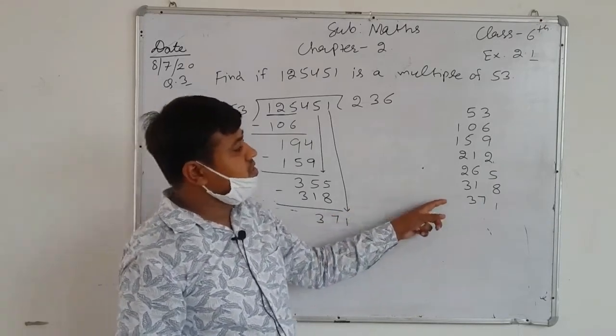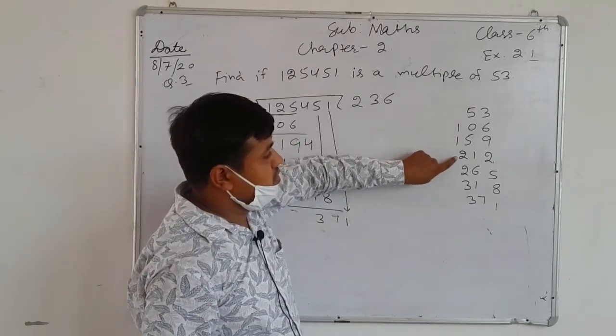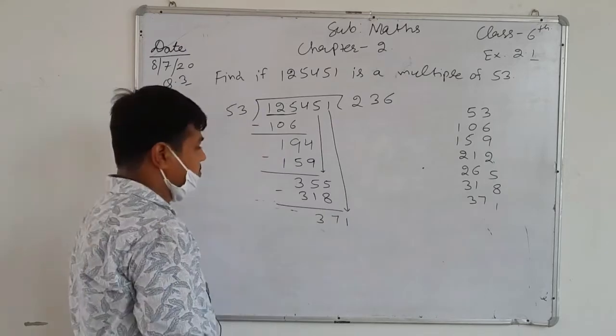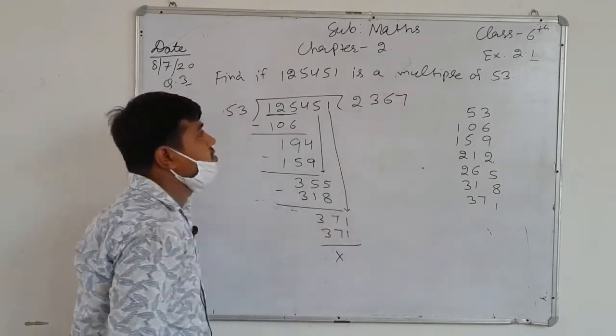371. 371 is coming in the table of 53. Yes. On which place? 1, 2, 3, 4, 5, 6 and 7. 371 is the 7th multiple.